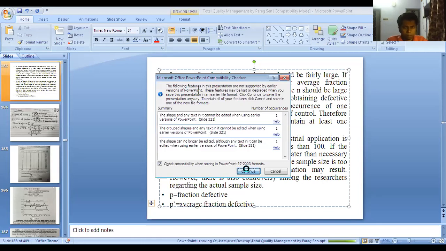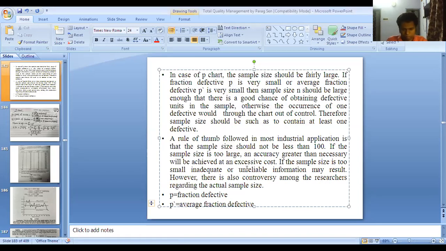Because if your sample size is very small, then there is a huge possibility that you will get no defective items at all, even when in reality the population has a lot of defective items.